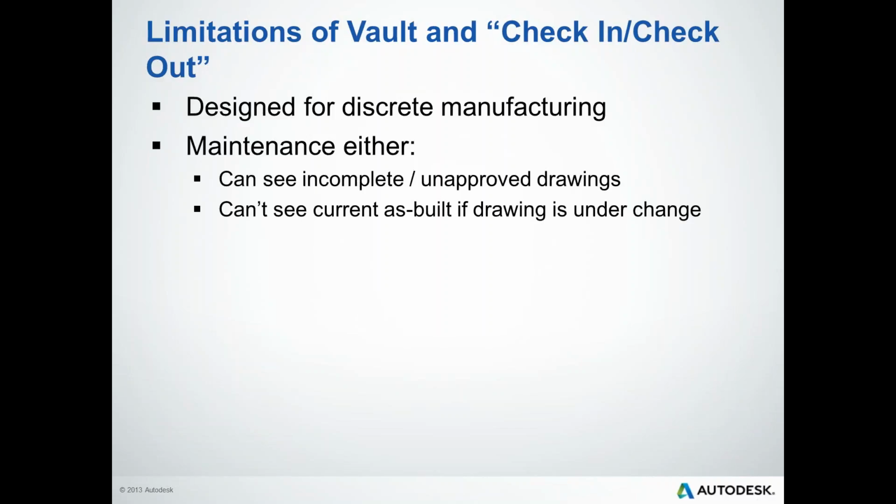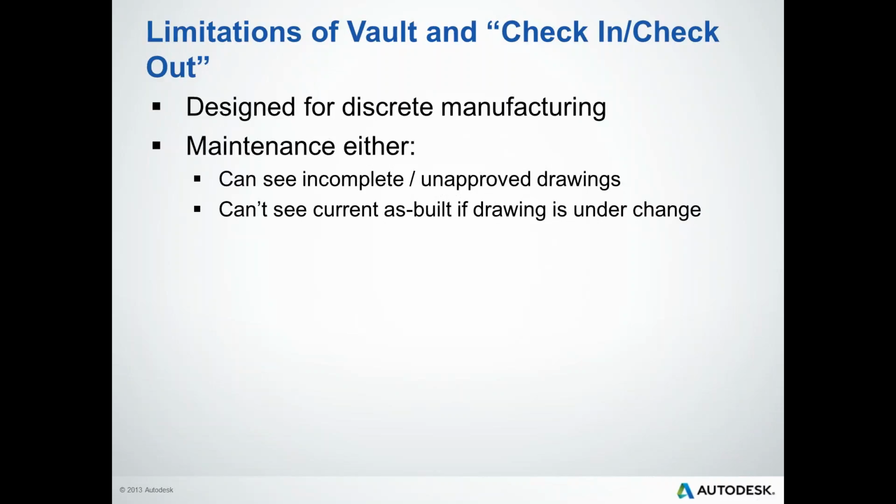You've got a couple of situations, probably neither of which are really what you want. Using the check-in, check-out system in Vault, depending on how you configure it, you've got two different options. One would be, your maintenance people or other shop floor people have access to see the incomplete, unapproved, or in-process drawings, which you typically don't want.